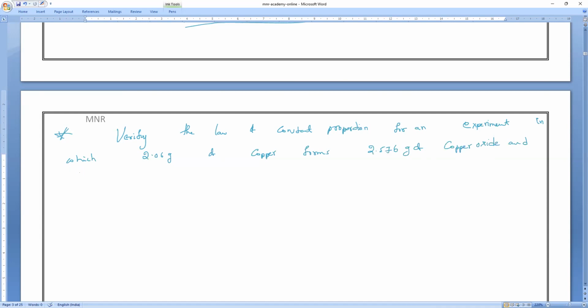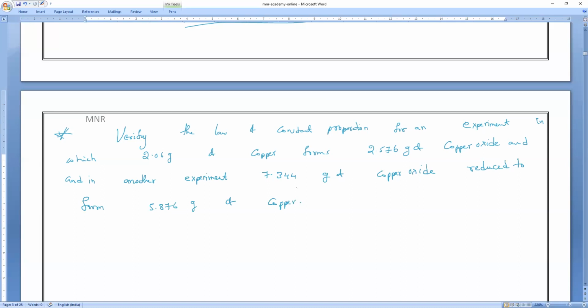And in another experiment, 7.344 grams of copper oxide is reduced to form 5.876 grams of copper.